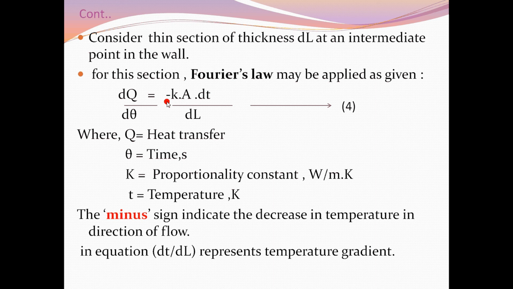T2 is less as compared to T1, say T2 is 20 degrees Celsius. So T1 is 40 degrees Celsius and T2 is 20 degrees Celsius, and this decrease in temperature is shown by the minus sign.